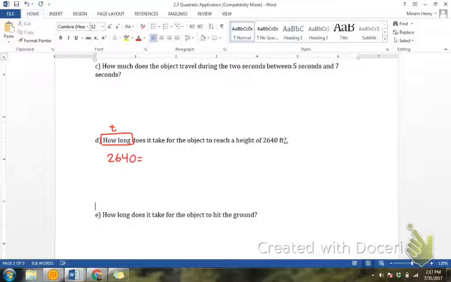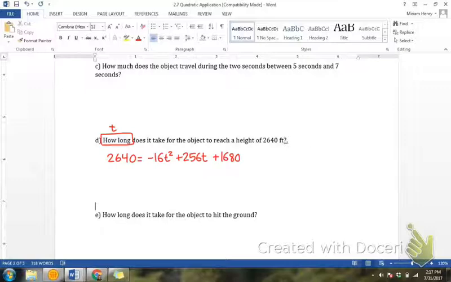So we have 2,640 equal to negative 16t squared plus 256t plus 1680. So we're plugging 2,640 in for h of t.